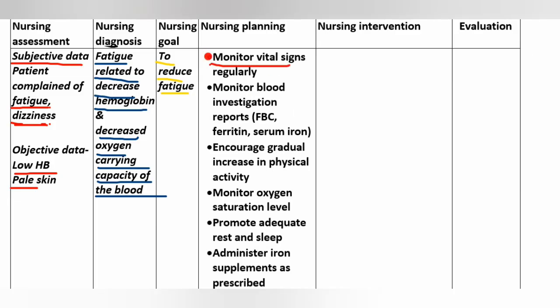Planning: monitor vital signs regularly. Monitor blood investigation reports, for example whole blood count, ferritin, and serum iron. Encourage gradual increase in physical activity.